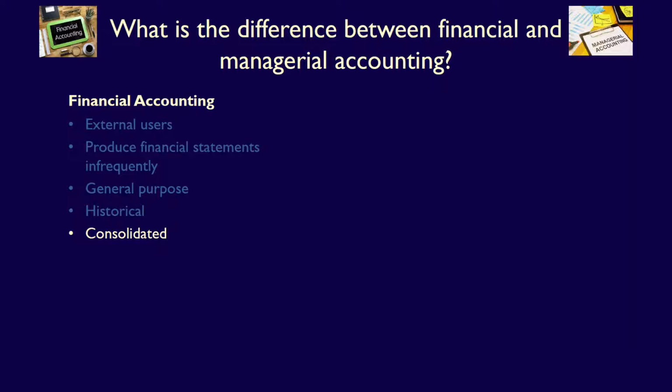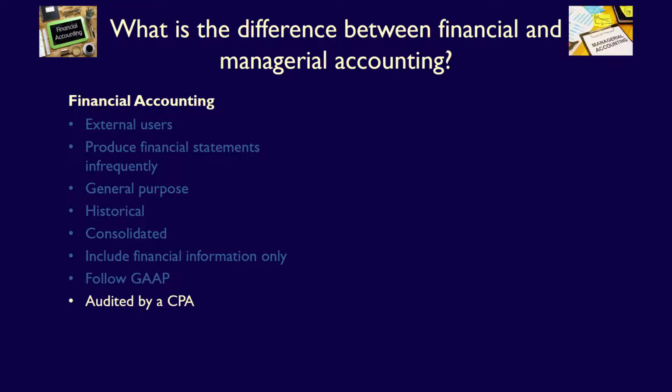If a company has entities in every country in the world, the financial statements will include the financial data from every single one of them, altogether. The financial statements include only financial information, information that can be quantified in dollars and cents. And the statements must follow GAAP, generally accepted accounting principles, such as IFRS, International Financial Reporting Standards, or ASPE, Accounting Standards for Private Enterprises.